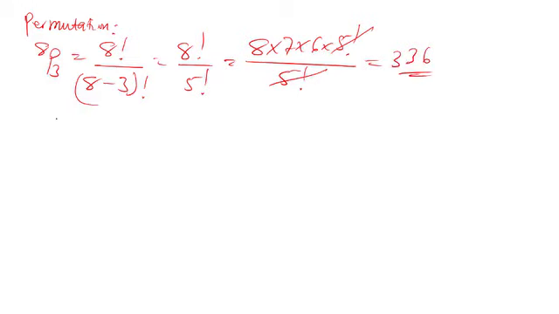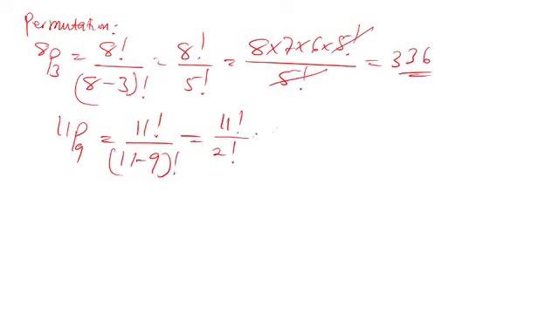So if I now give you 11 permutation 9, what you need to do here is write 11 factorial over 11 minus 9 factorial, which is the same thing as 11 factorial over 2 factorial. Wow, this should be a very large number.